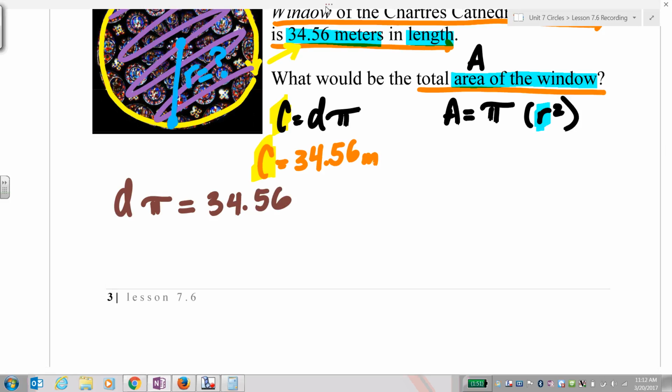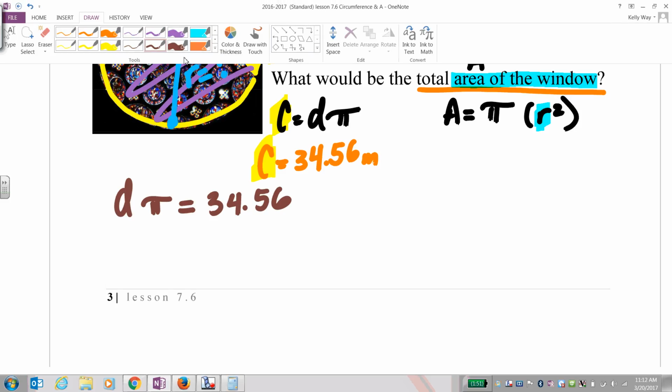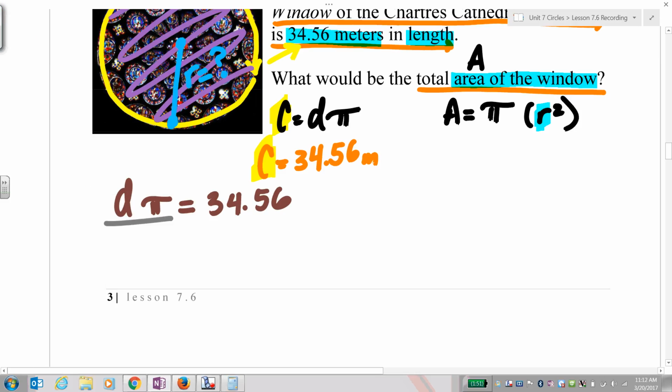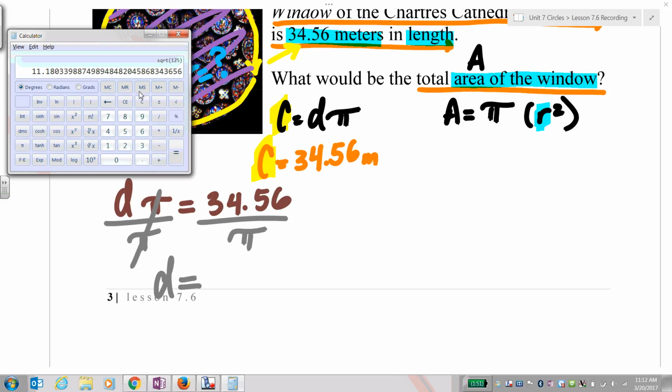We're going to solve for our diameter. Our diameter by itself, so divided by pi. Now, since I have to use that diameter to get something else, we're going to use the decimal version of pi. So when you're calculating, start with 84.56.